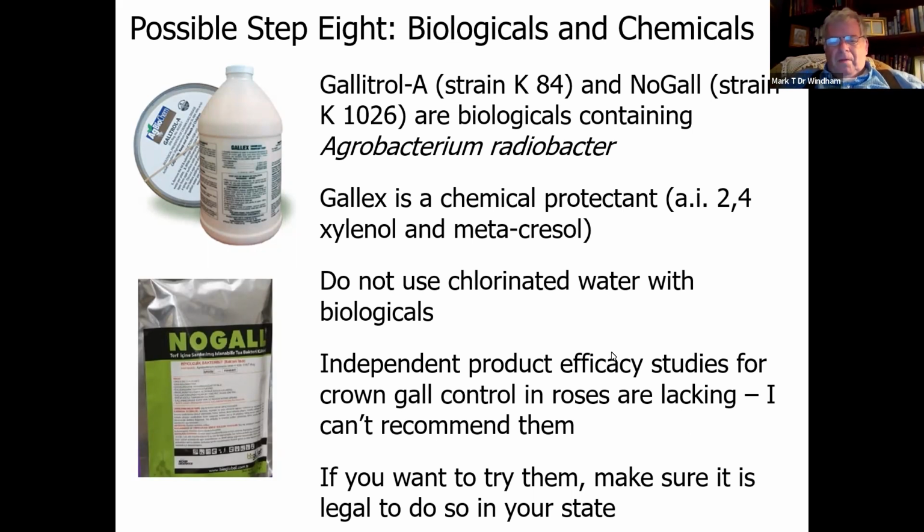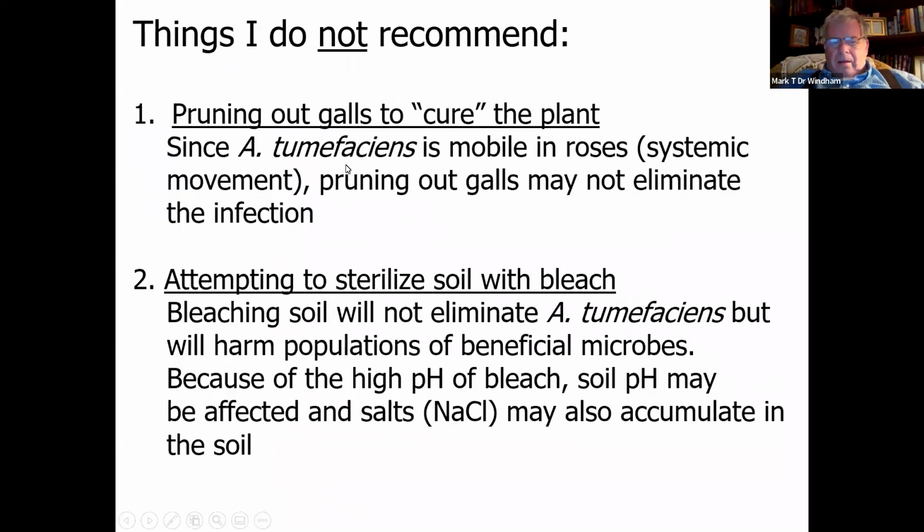Now, there are some things that I absolutely don't recommend. Pruning out galls to cure a plant. I've seen that 14 times on Paul Zimmerman's Rose Gardening webpage this year, where people say in the comments section, just prune it out, it'll be fine.